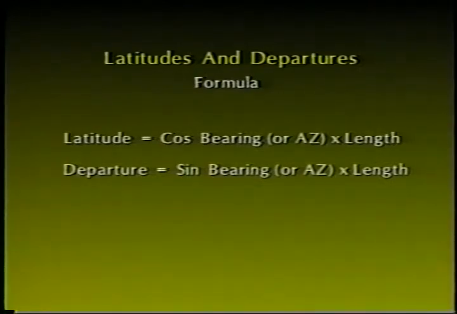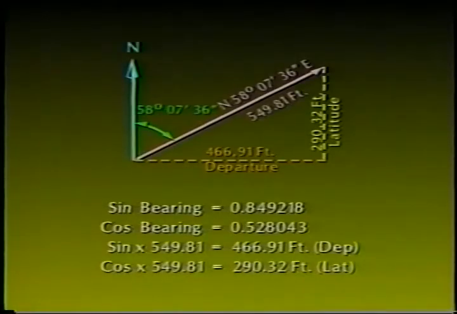When using bearings, it is necessary to select and assign the proper algebraic sign to the latitudes and departures. When using azimuths, the algebraic signs of the sine and cosine functions will produce the correct algebraic signs for the computed latitudes and departures. Let's try a determination of latitude and departure as shown in this sketch.